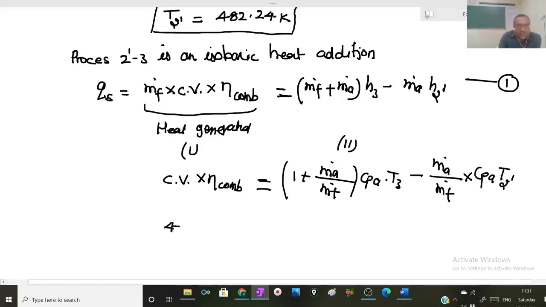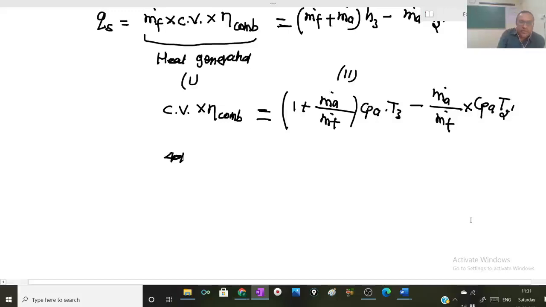The calorific value is given as 41,800 kilojoule per kg. The combustion efficiency, or effectiveness of the heat exchanger, is only 90%, 0.9. CpA is common, so I am taking it outside, and this value of CpA is 1 kilojoule per kg.